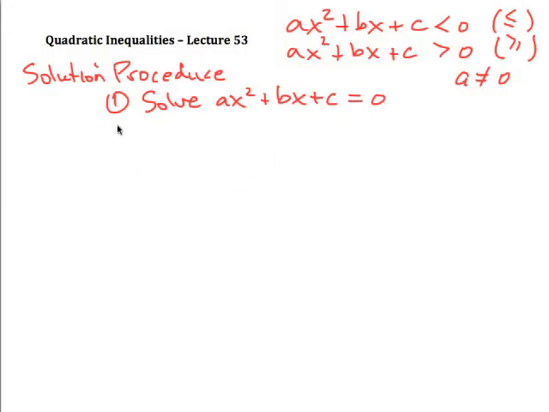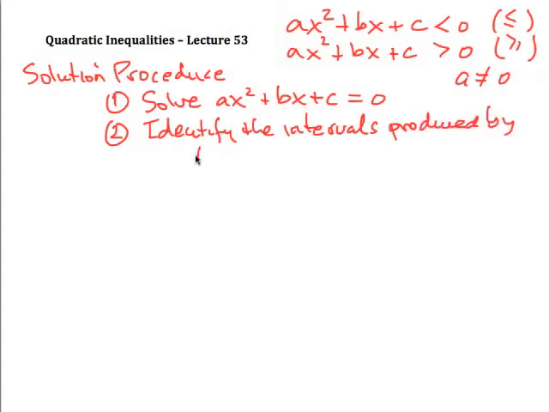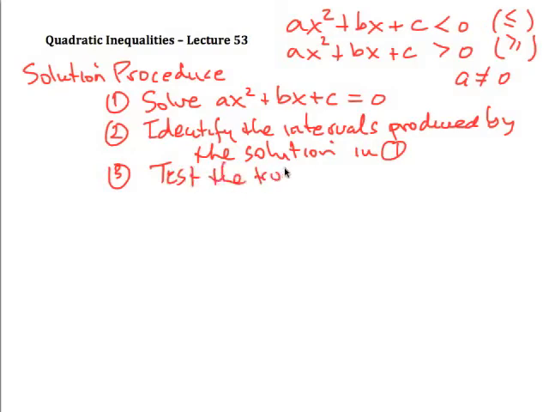Then step 2: we identify the intervals produced by the solutions in step 1. And then step 3: we test the truth of each interval. So we're going to take a value in that interval and see whether it's true as far as the inequality is concerned.